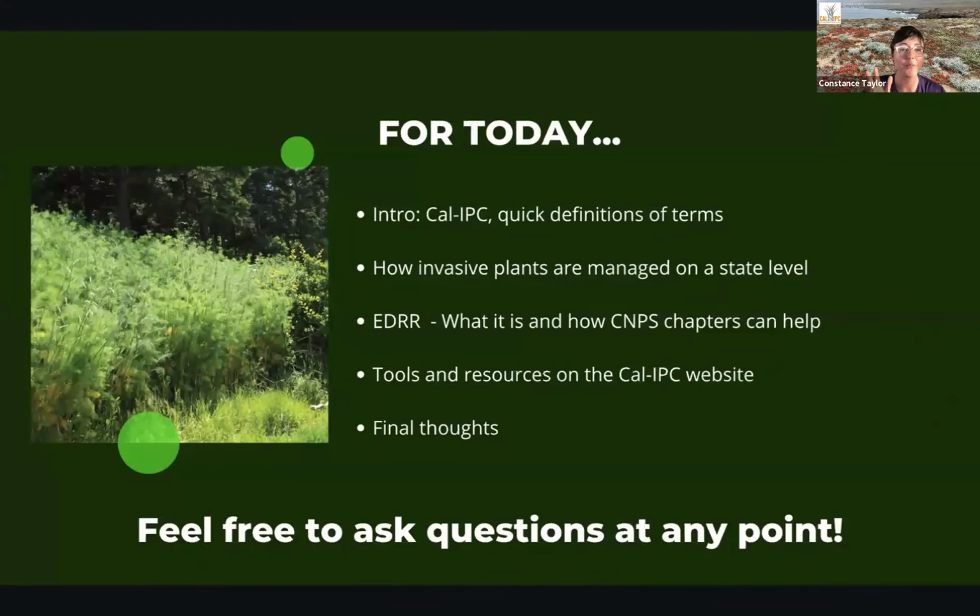So we're going to be going over who Cal IPC is, as well as a quick definition of terms that we're going to be using throughout the presentation, how invasive plants are managed on a state level, EDRR, meaning early detection, rapid response, what it is and how CNPS chapters like Yerba Buena can help, tools and resources on the Cal IPC website, and then some final thoughts. And please feel free to ask questions at any point. You can raise your hand, or Jutta's going to be monitoring the chat as well. So if we don't get to your question during the presentation, we'll get to it at the end.